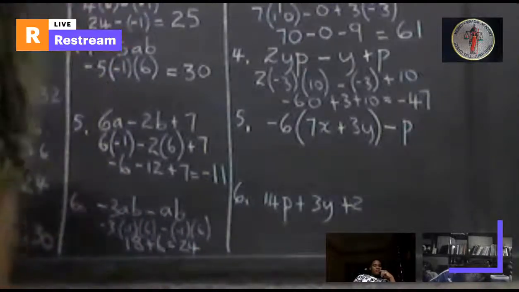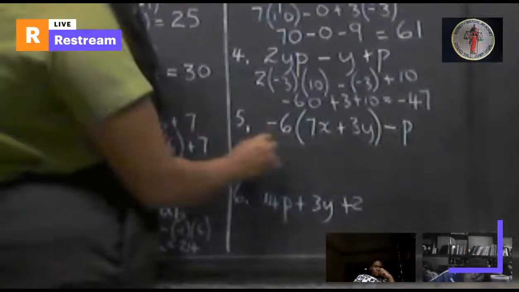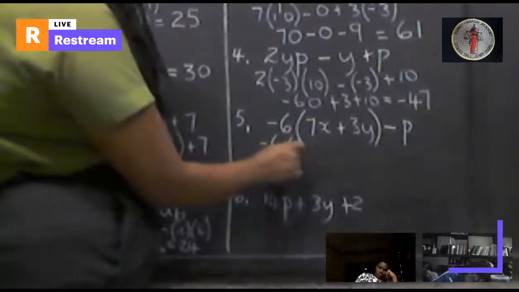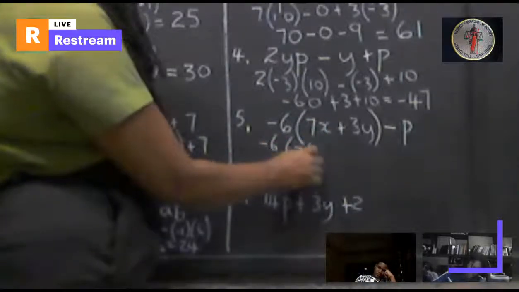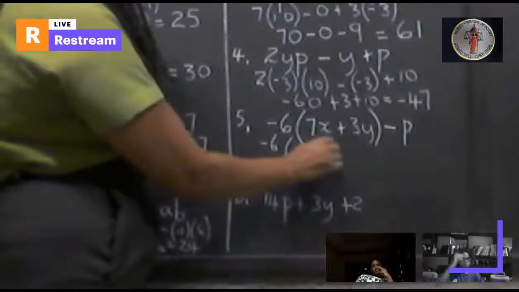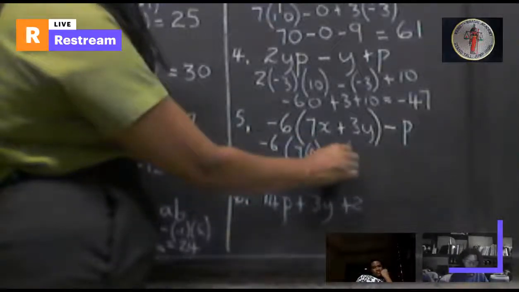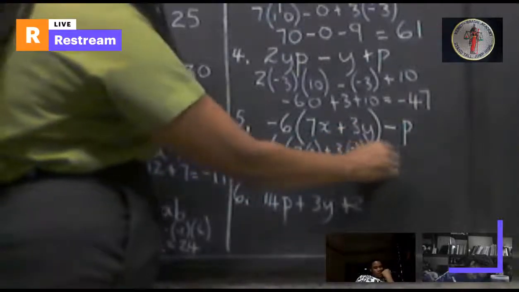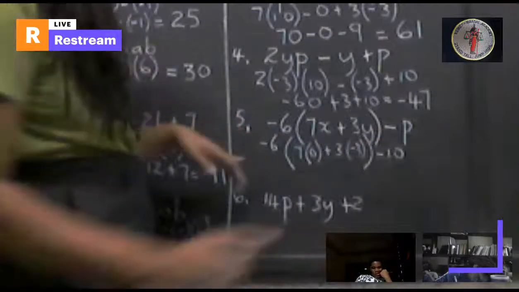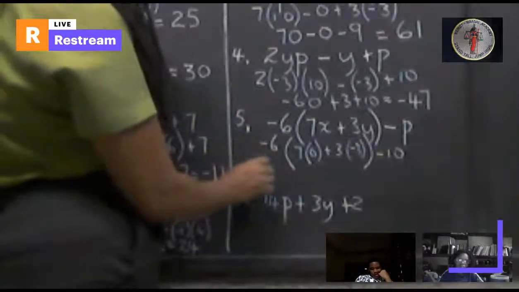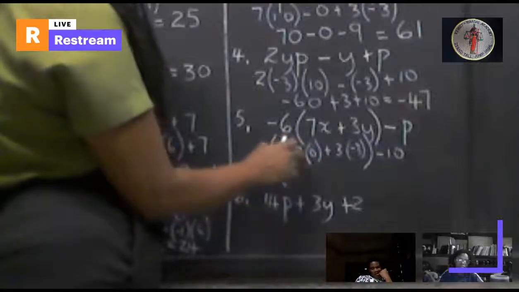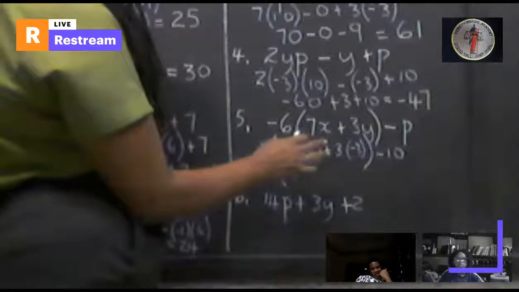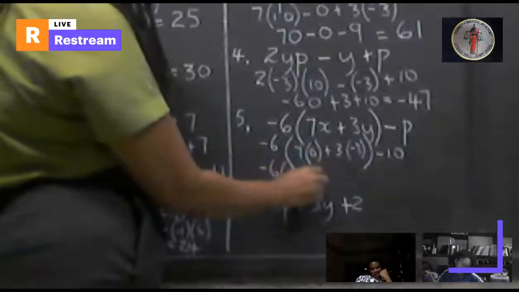So we have negative 6 bracket, and within the bracket we're going to put 7 times 0 plus 3 times negative 3, close bracket, minus 10. 7 times 0 is 0. 3 times negative 3 is negative 9.